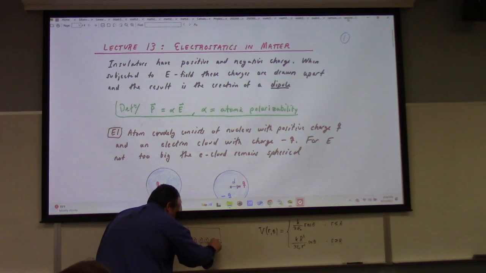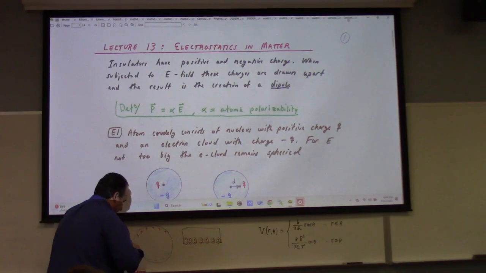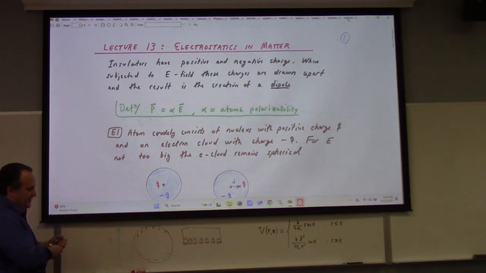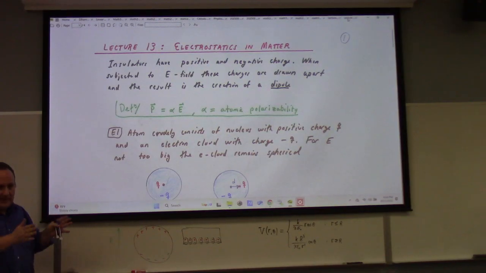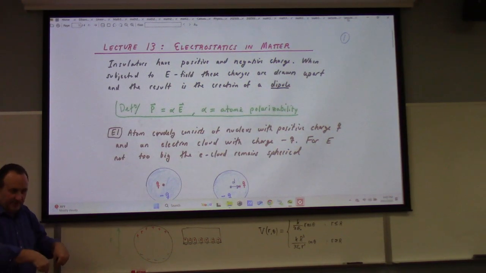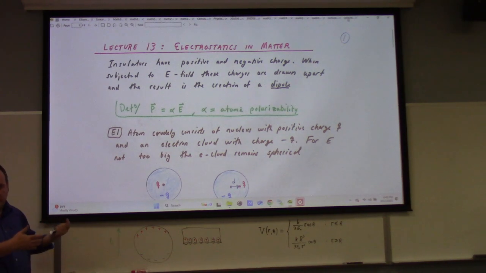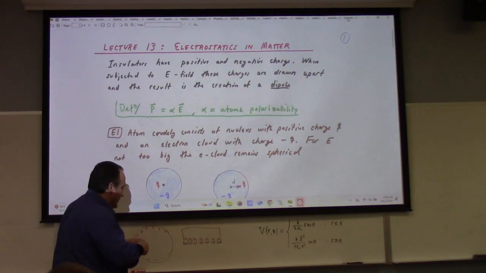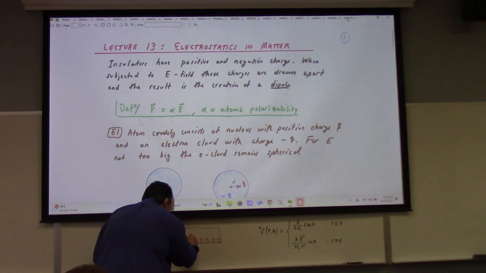You can think of the whole solid being created by a bunch of atoms stuck together like this. The presence of an electric field makes the atoms align such that the negative part of the atom goes down and the positive goes up. The negative part being the electron cloud, the positive part being the nucleus. And this keeps happening.